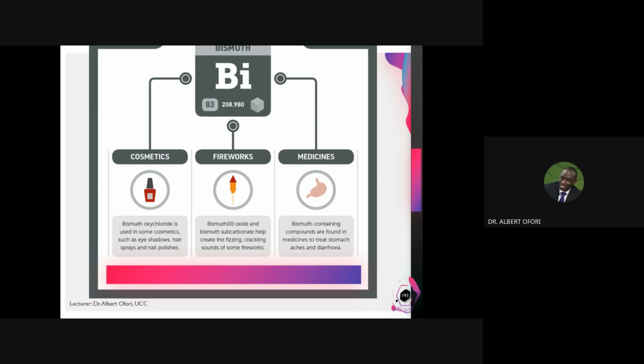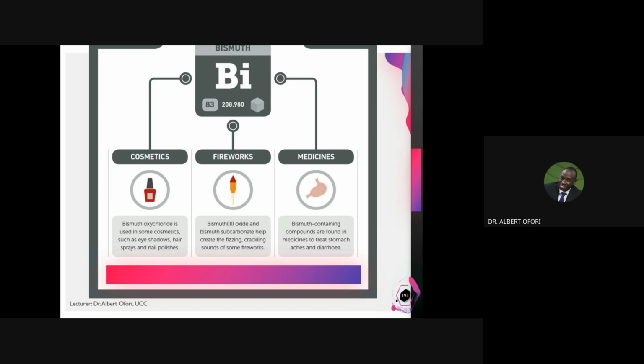Yeah. So that's it. Well, the common ore is the bismuth sulfide, Bi2S3, which is the common ore for bismuth mining.